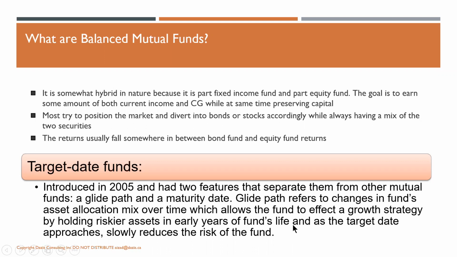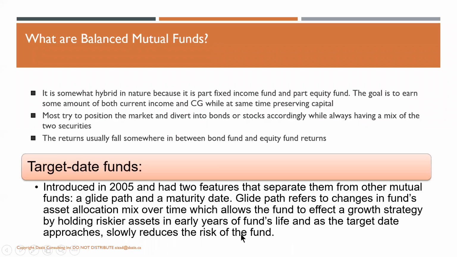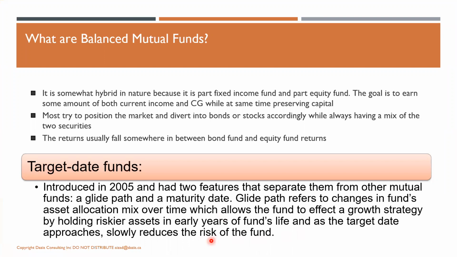So when it's about to mature, the risk factor will reduce? Yes, that's right. The risk will be reduced when it reaches near the target date, because it's getting closer to the date that it's supposed to end. Yes, exactly.